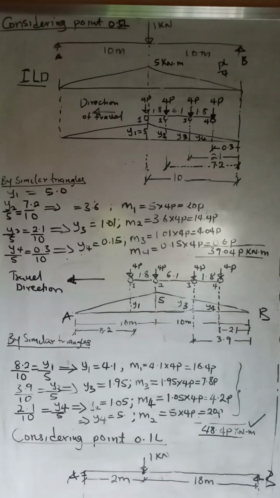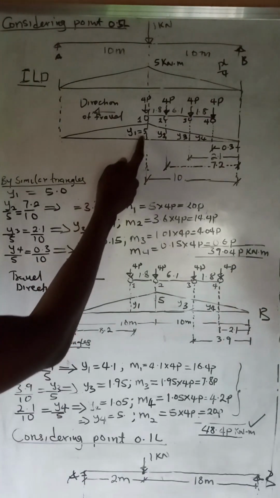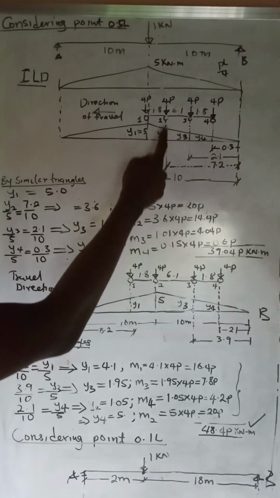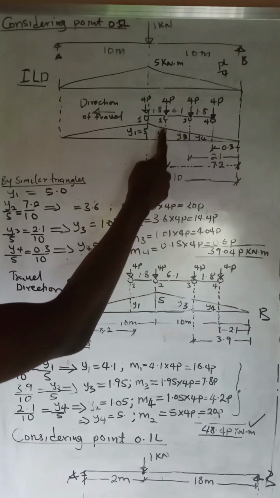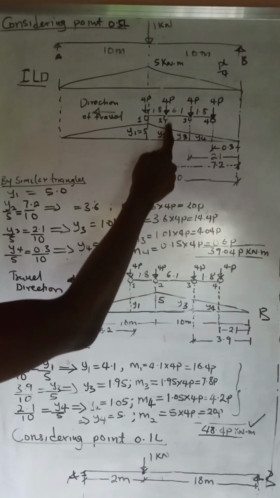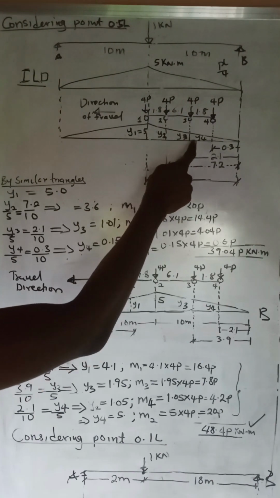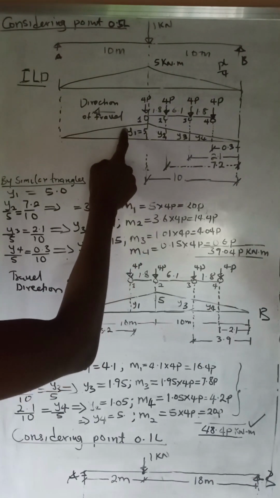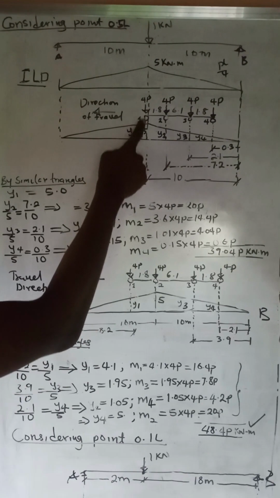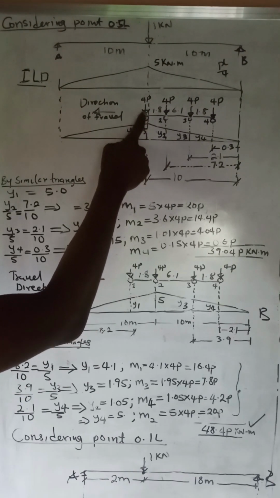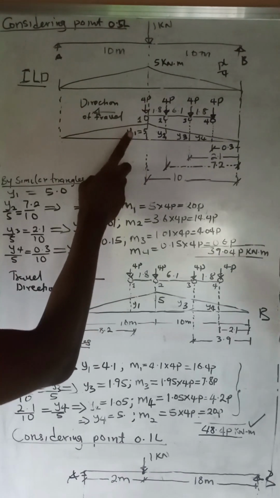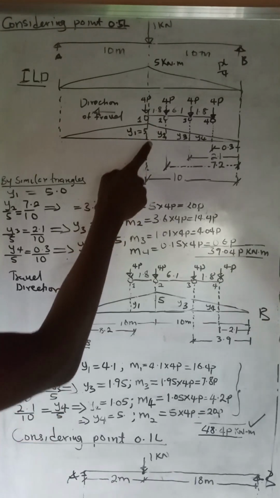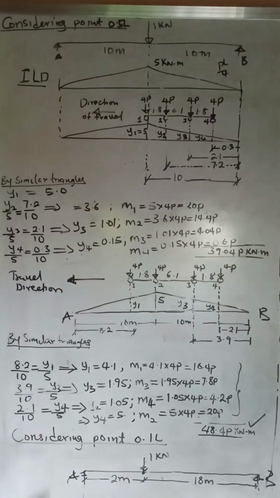And what are the ordinates of these influence lines? The ordinates are the values of moment when a unit load is applied on that spot, as it is on the diagram. So the ordinates are ordinate Y1, which represents the peak, the maximum moment at that point, which is 5 kilonewton meters. We have gotten that. What is unknown here is ordinate Y2, Y3, and Y4.